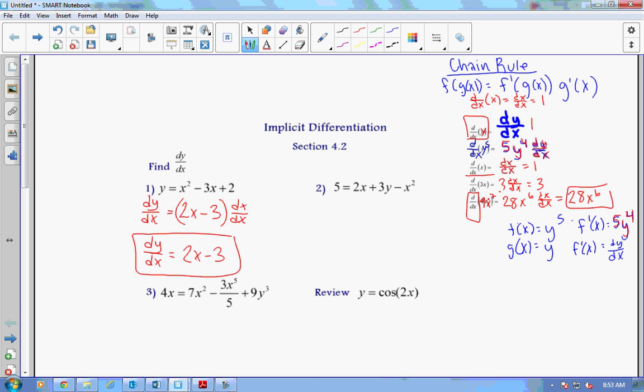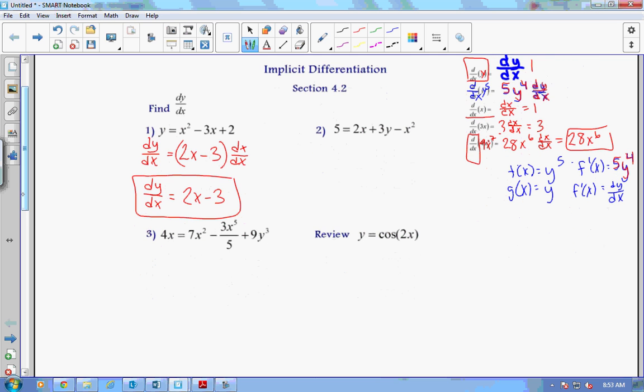Okay? Now number 2, the y is not isolated on one side. It's inside everything. So, piece by piece, the derivative of 5 would be 0. Now, if we take the derivative of 2x, what would that be? 2 dx dx, right?